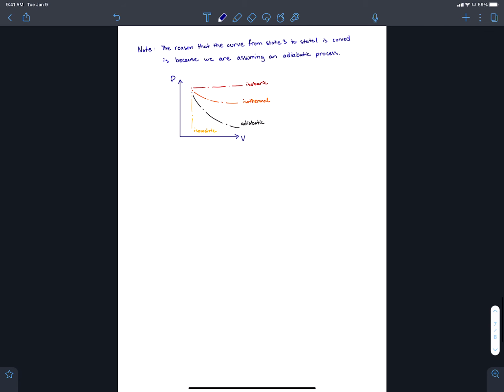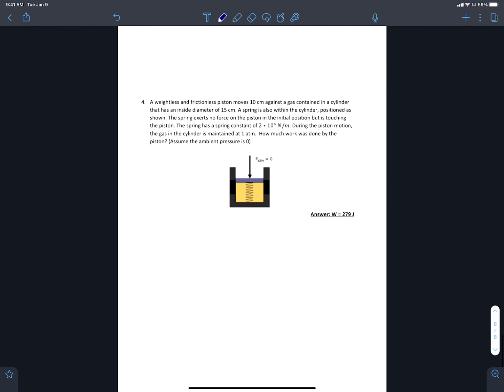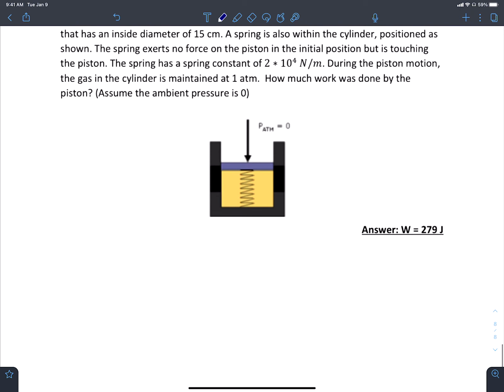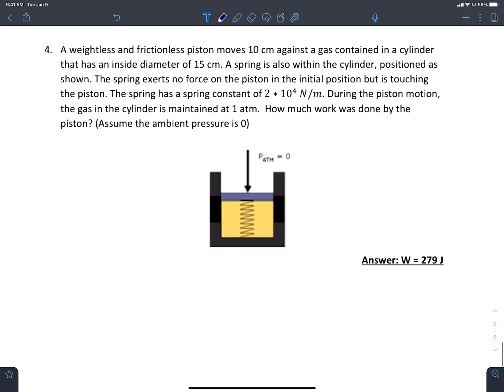Okay. So let's go on to number 4. I'll give you all a few minutes to work on it. So a weightless and frictionless piston moves 10 centimeters against a gas contained in a cylinder that has an inside diameter of 15 centimeters. A spring is also within the cylinder, positioned as shown.